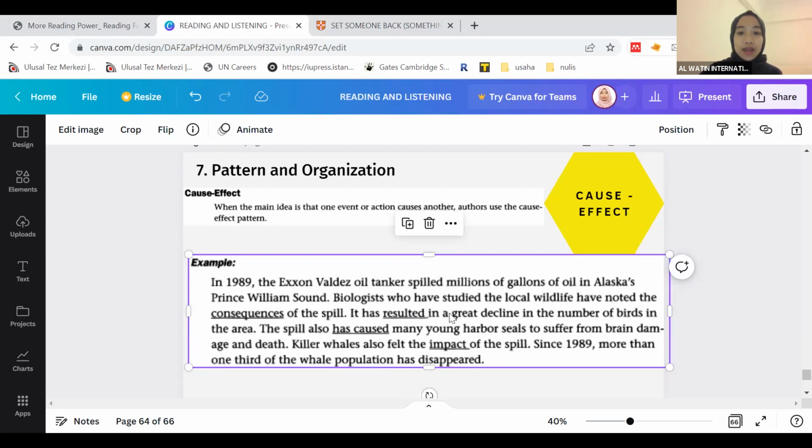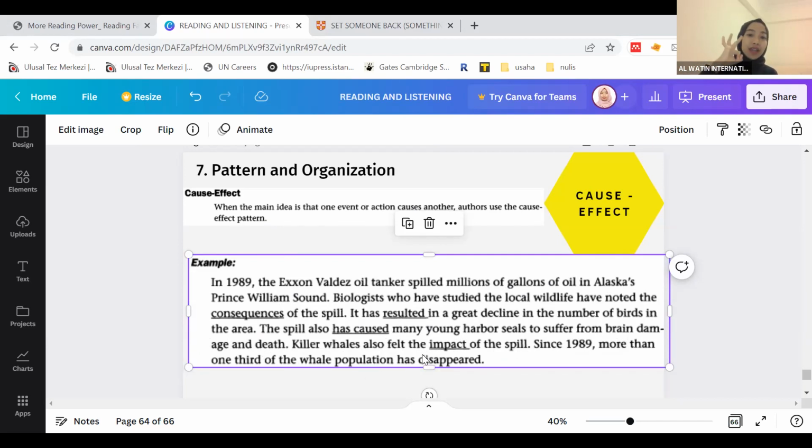The first one, a decline in the number of birds. Here, resulted. What else? The second one, young harbor seals suffer from brain damage and death. The third one, what is the result? Killer whales also felt the impact of the spill, and the whale population disappeared.